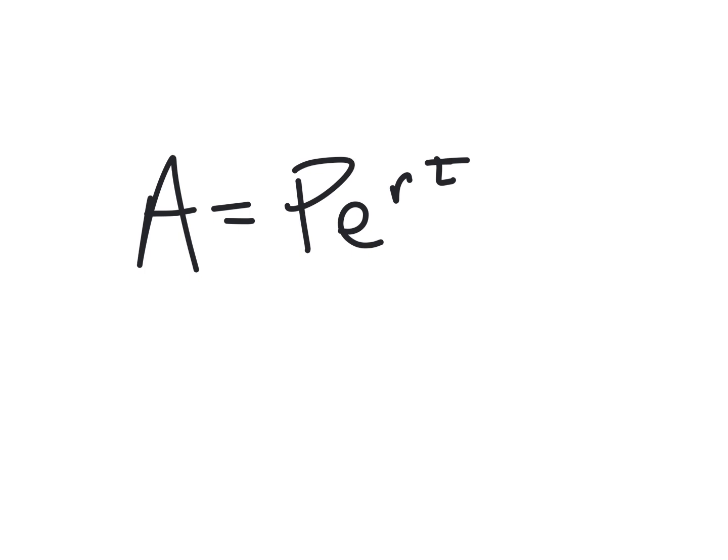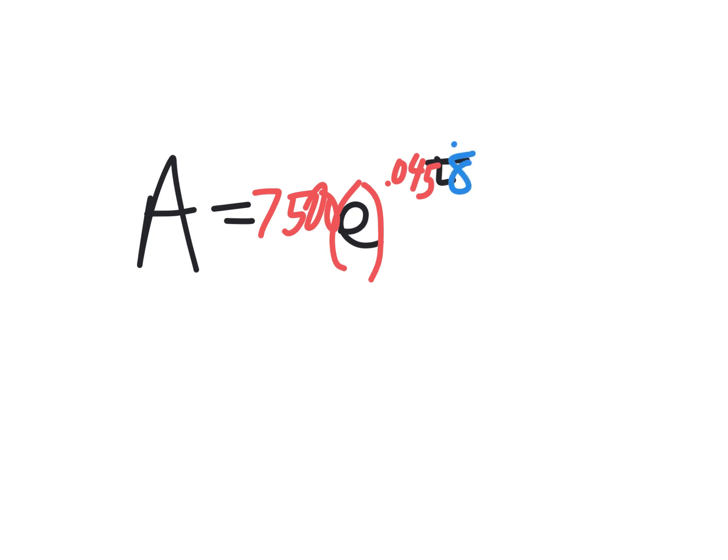It's the P. Yep. So 7,500 goes there. And then you all know what E is. What should I put for the rate? 0.045. Perfect. And then the time is 8 years. That's easy. I'm not going to ask anybody that one.